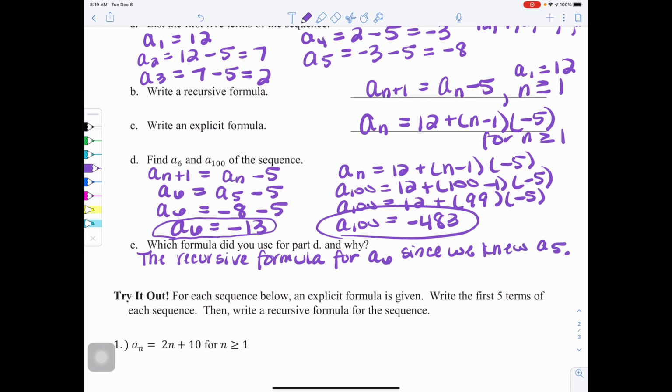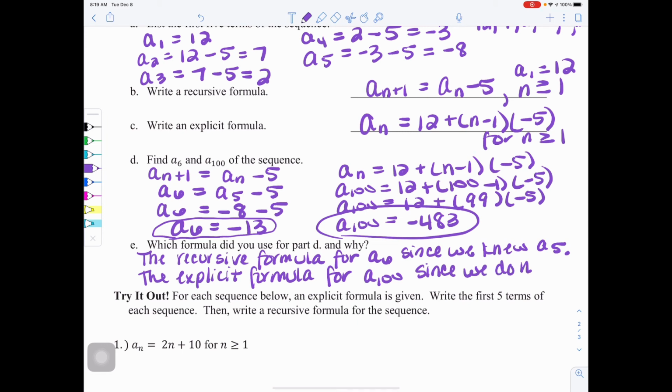Whereas the explicit formula was used for a sub 100, since we do not know what the 99th term is.